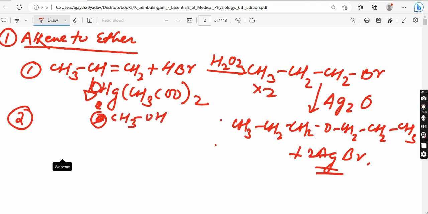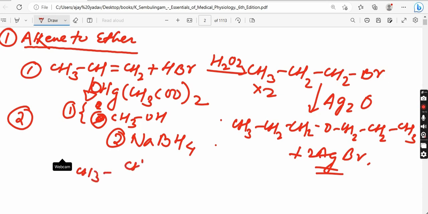In the first step you have to use mercuric acetate and then one alcohol, and then in the second step you have to use NaBH4 in order to produce this one, CH3 CH3.